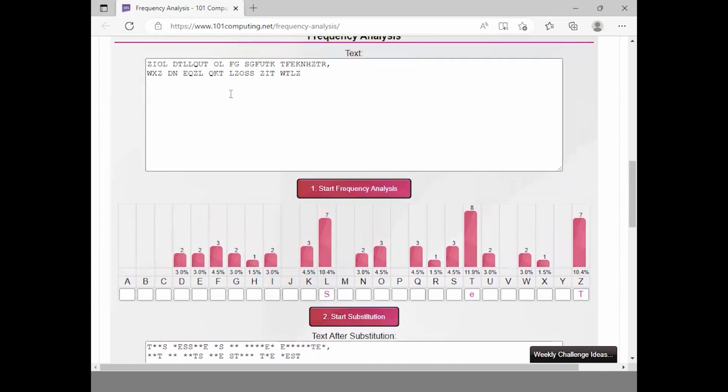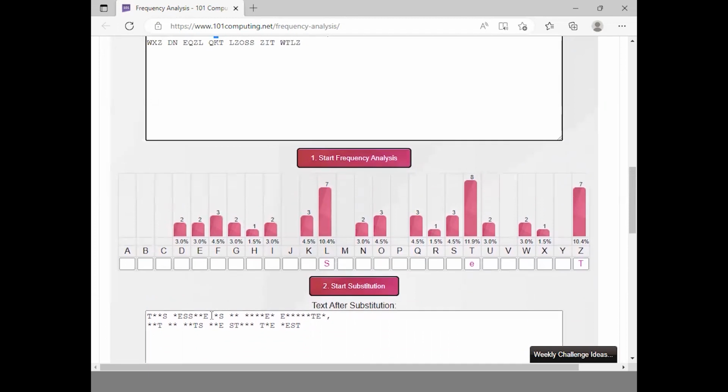Specifically, we notice that this word right here becomes some letter followed by an S. We know that it's got to be a vowel. Specifically, it has to be A, I, or U, because the only valid 2-letter words that end in an S are as, is, or us.